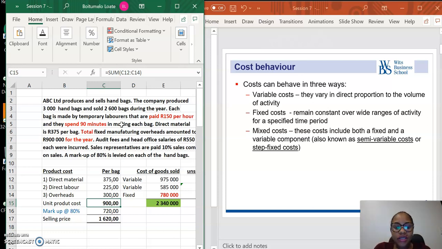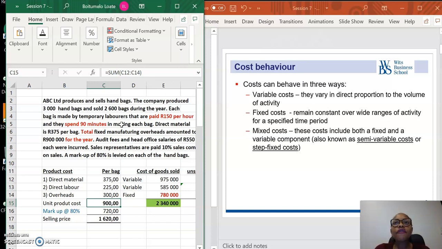This contrasts with your fixed costs. How does it contrast? Fixed costs remain constant over a wide range of activity. If I were to think of an example for fixed cost, I can think of a factory supervisor who's a permanent staff member and who's on an employment contract where you've given him a cost to company per year.